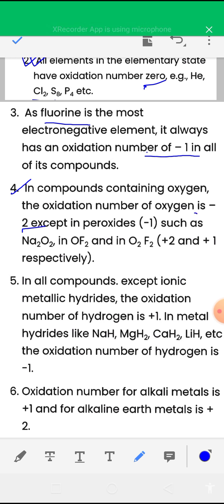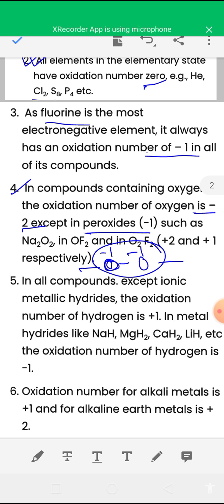In maximum cases the oxidation number of oxygen is -2, but in peroxide the oxidation number of oxygen is -1. Peroxide means oxygen-oxygen linkage. If oxygen-oxygen linkage is present in a compound, then oxidation number of each oxygen is -1 in peroxide linkage.